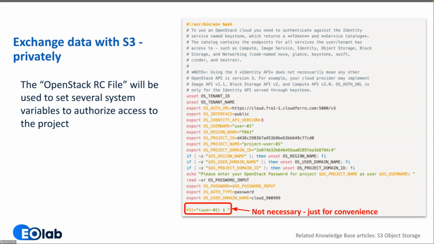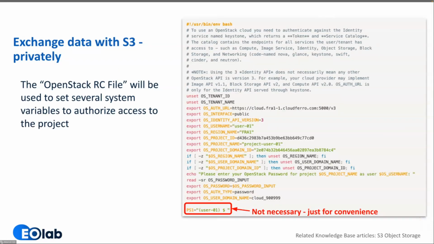This file is used to set the system variables, like OS auth URL and all the others. And at the end, you can see the prompt that I changed just for convenience, but it doesn't have to be that. The main thing is all these exports that you can see in the file.